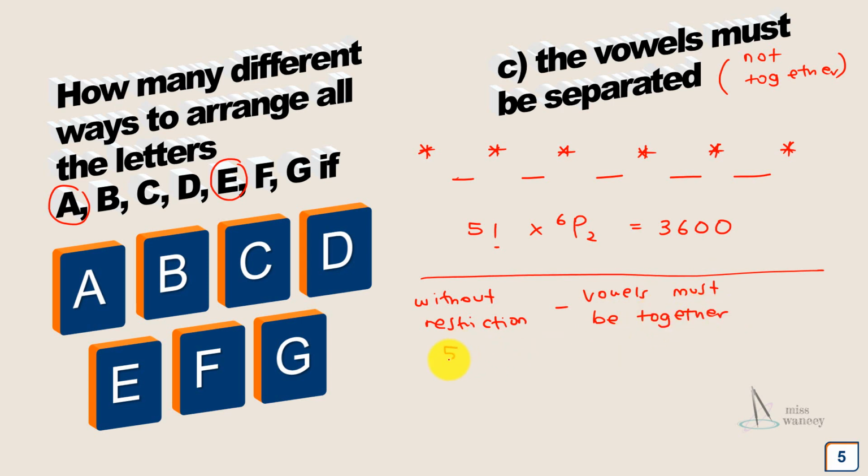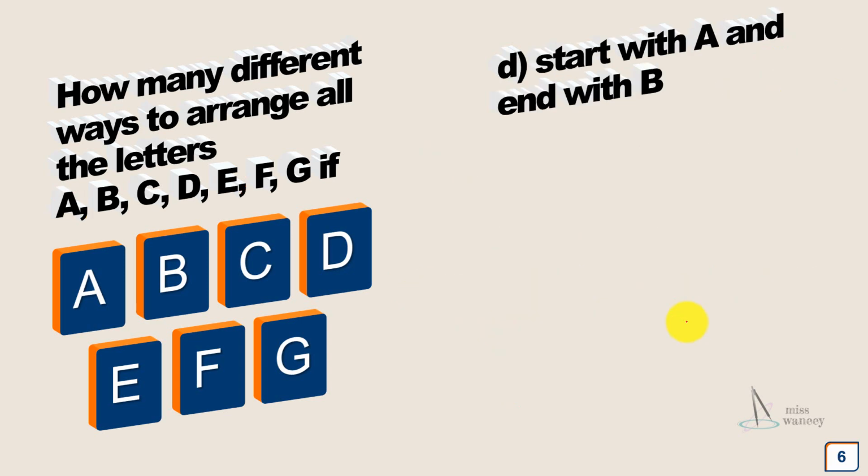So this is 5040 minus 1440, and you will get the same answer, which is 3600. So we actually have 2 different methods for this one, depending on how you want to answer the question.